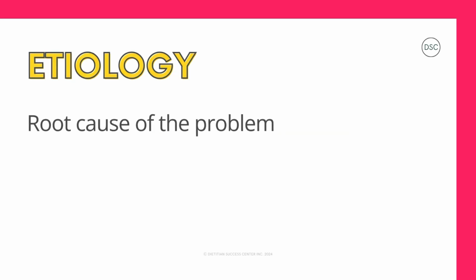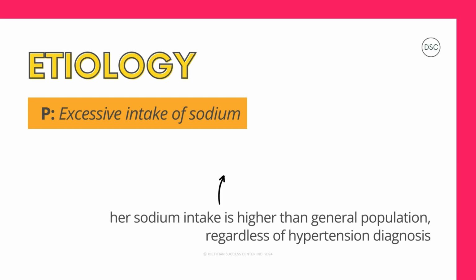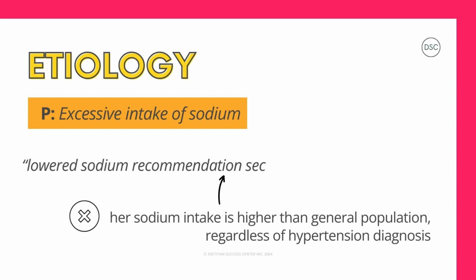For our etiology, we want the root cause of the problem that our intervention will address. What if we were to choose excessive intake of sodium related to hypertension? Well, hypertension isn't what's causing Sarah to consume too much sodium. Yes, Sarah is eating more sodium than what would be recommended for those with hypertension, but she's also consuming more sodium than what would be recommended for the general population as well.